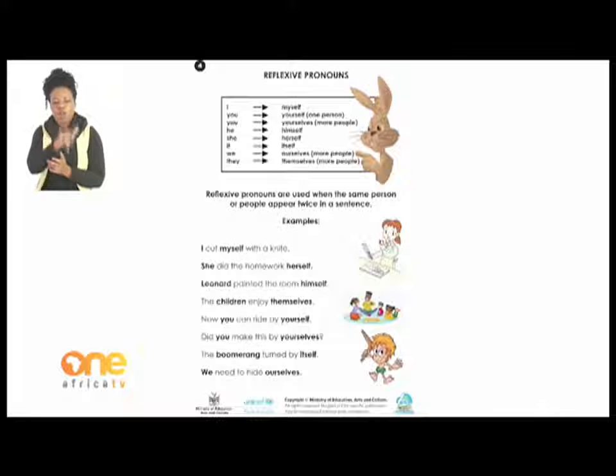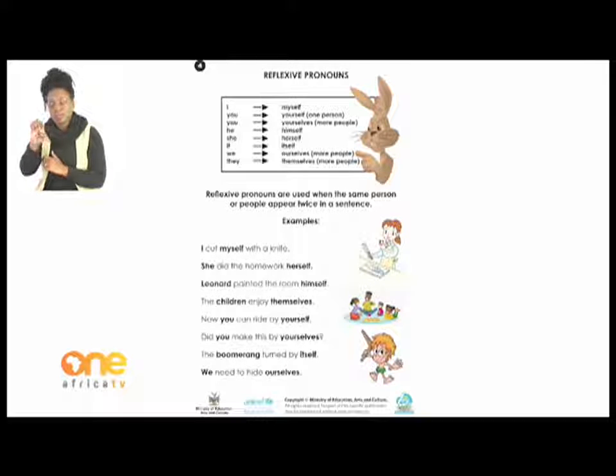You can be one person, or when we are referring to more people. So if it's one person, it has to be yourself. If it's more than one person, it becomes yourselves. He. When we are referring he to a reflexive pronoun, it becomes himself.